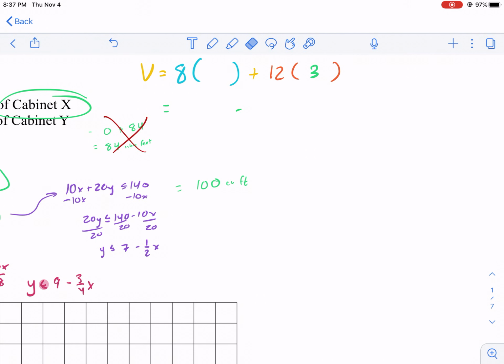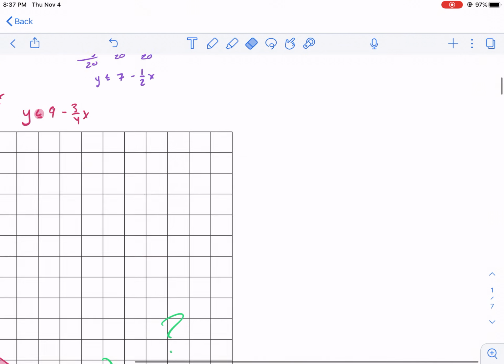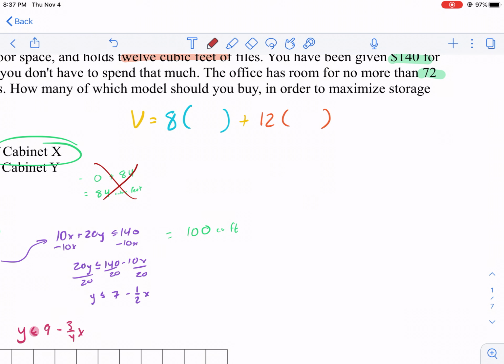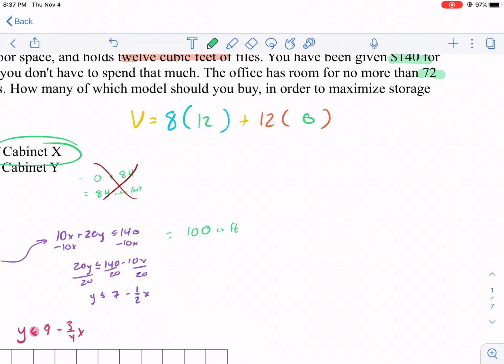And then we have our final option. I'm leaving this one off to the side. The final option was 12 of cabinet X and 0 of Y. So I'm going to plug in 12 here, and I'm plugging 0 for Y. So 12 times 8, or what color am I using? Just use green. 12 times 8, 96 plus 0. So this one's 96 cubic feet.